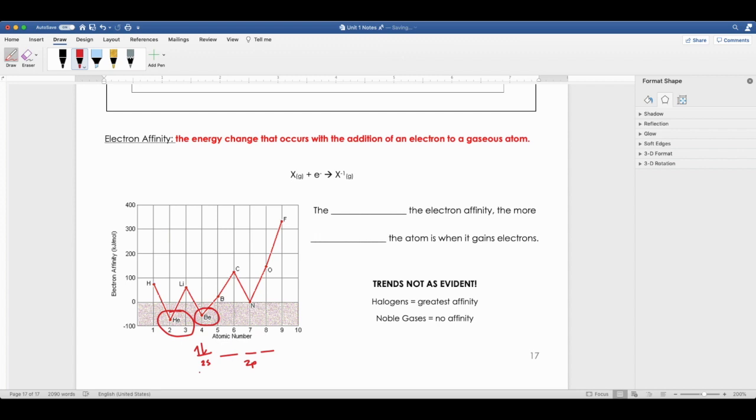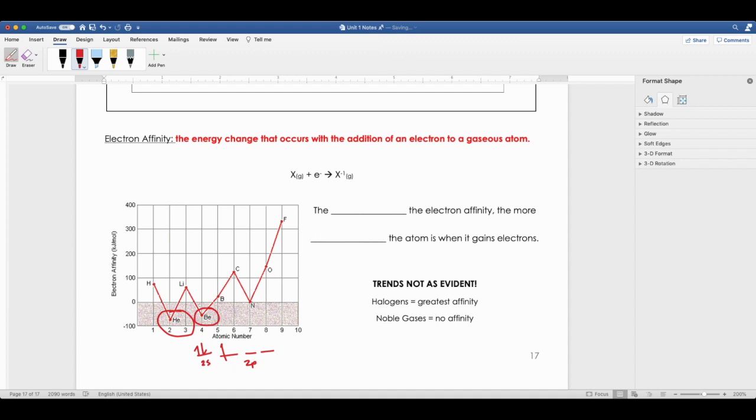So because this 2s is filled, it's pretty happy having just that 2s. It doesn't want to tack another electron into this 2p. So beryllium is also stable. This totally filled 2s orbital is more stable than adding another electron there. Beryllium has a negative electron affinity.